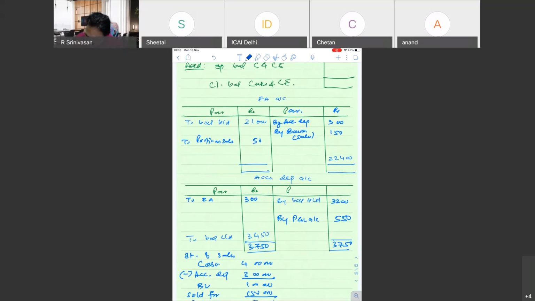Close this account, and you will be given purchase. So 22,400 plus 150 plus 300 is 22,800, minus 21,050, is 1,800 to bank.